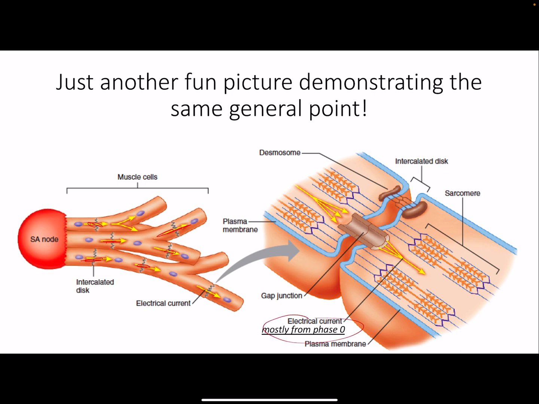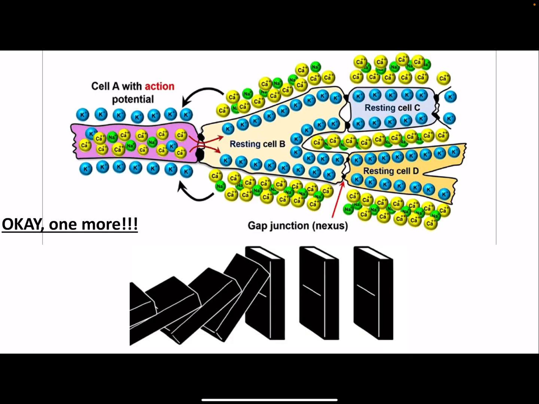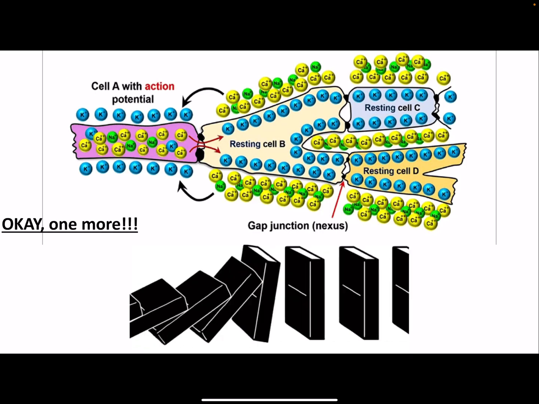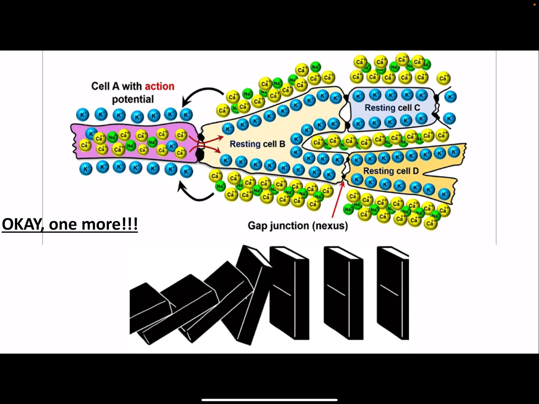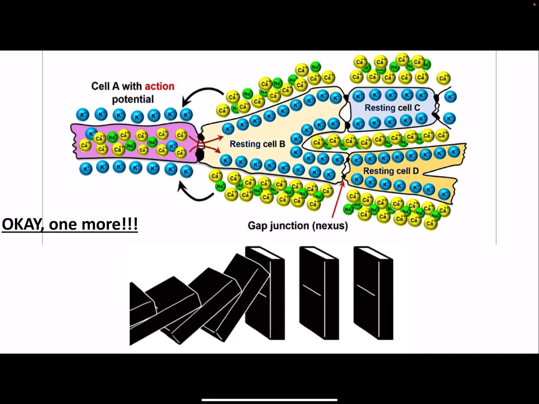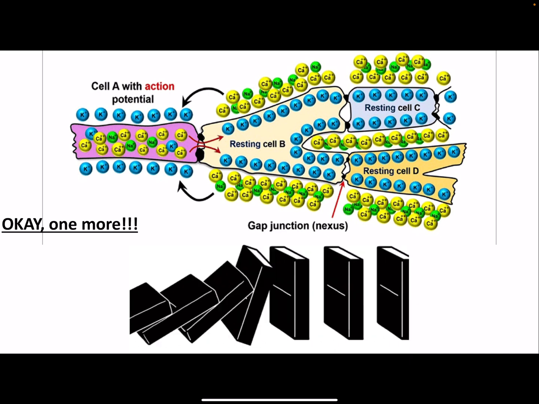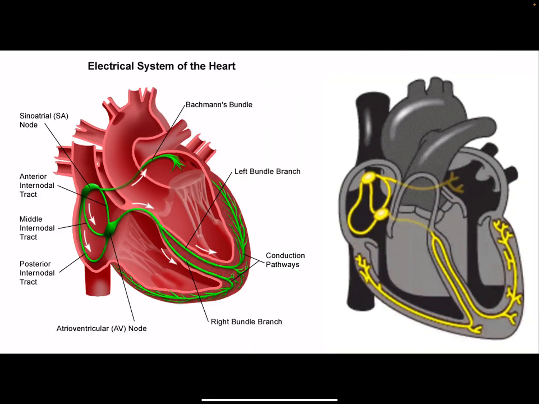Mostly phase zero, just sodium and a little bit of calcium that's leaking through these, passing the signal along, but also causing sarcomeric contraction. So it's really just, again, hitting this point home, just one domino knocking over another as the signal is passed from one cell to the next.